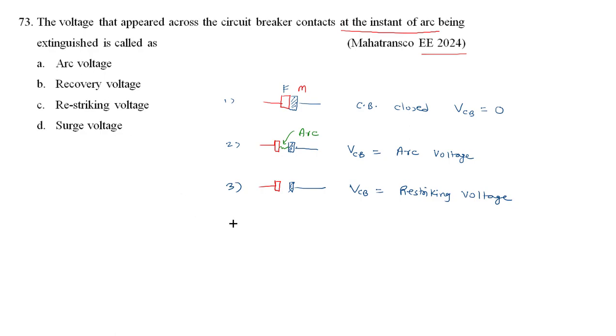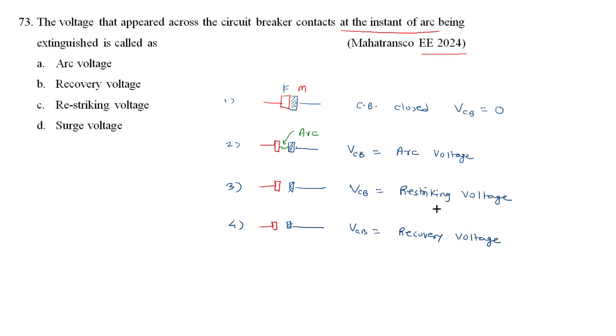Once this arc is completely extinguished, the voltage that appears across the breaker contacts is known as recovery voltage. So after the arc is completely extinguished, the voltage appearing across the breaker contacts is called recovery voltage.